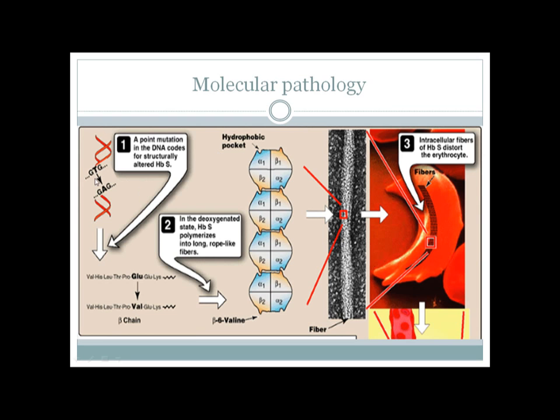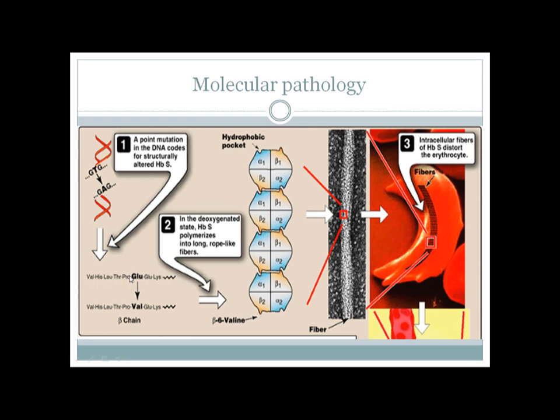This point mutation leads to a change of amino acid in the globin chain. So here we have a normal globin chain, and here we have an abnormal globin chain of hemoglobin S. This globin chain has a lot of amino acids, as you can see. Start counting 1 2 3 4 5 6.